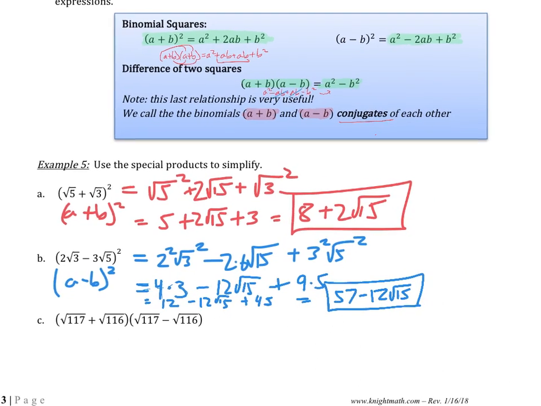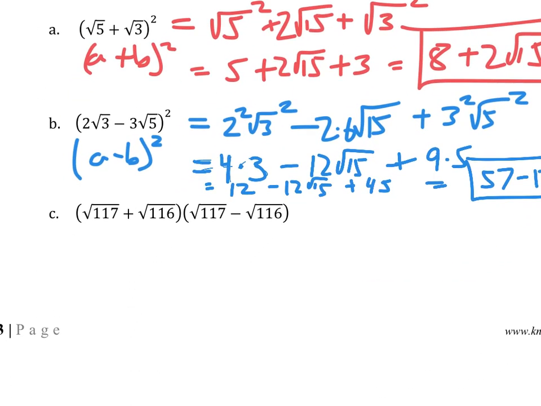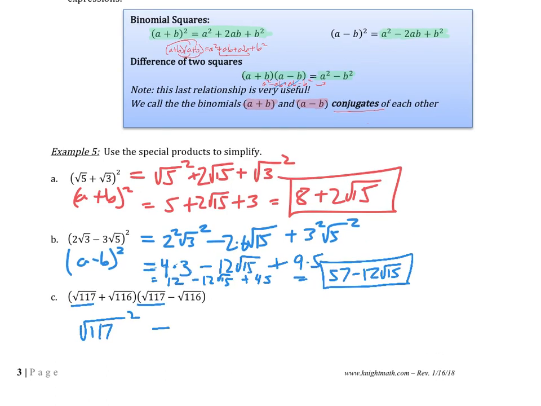Okay, one last one. This is the conjugates. What happens? Notice these look a whole lot alike, but one's plus and one's minus. So when we multiply them, we're going to have the first thing squared minus the second thing squared. The first number squared, well, what's the first number? It's the square root of 117 squared, minus, using what we discovered here, minus the second thing squared.